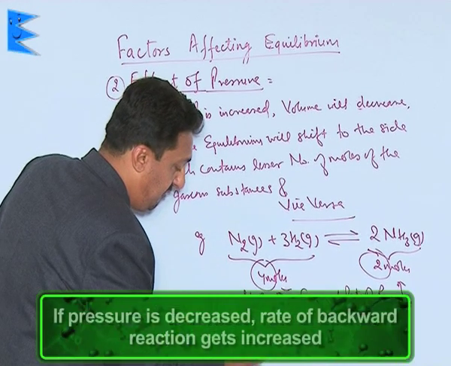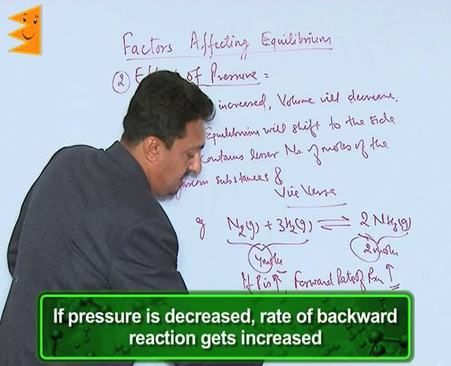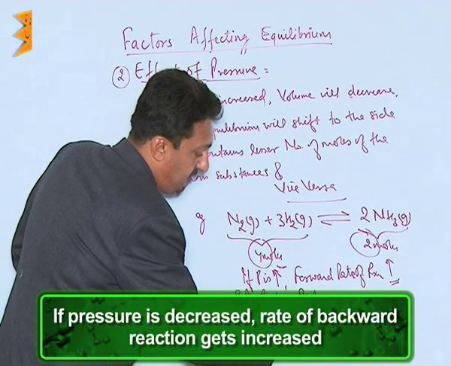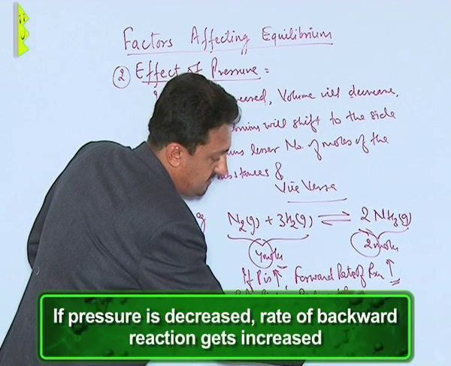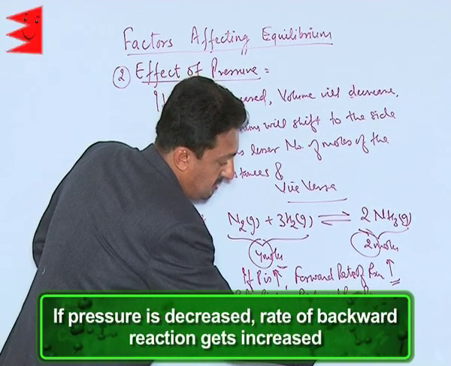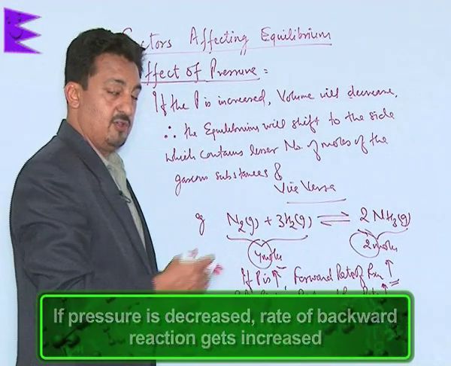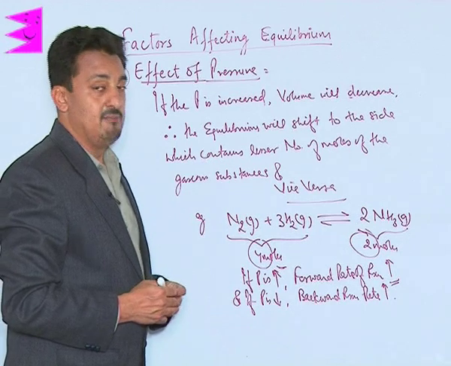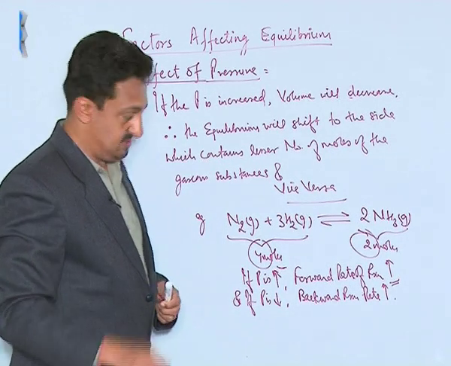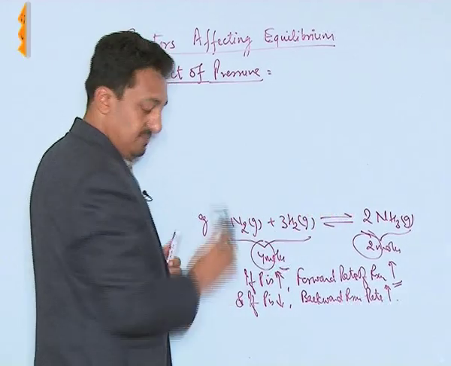And if the pressure is decreased, the rate of backward reaction gets increased. System moves back, because now we are favoring the side which contains the more number of the gaseous substances. We can take one more example like this one.